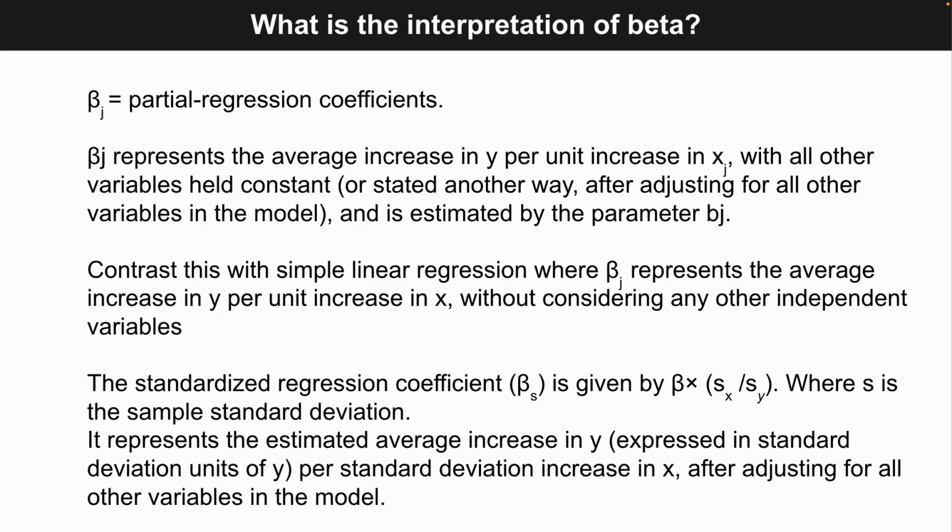Same thing for beta 2, but when I put them together, beta 1 plus beta 2, what is the interpretation then? So, multiple linear regression. Let me put it down now. So what is the interpretation of beta 1 now?